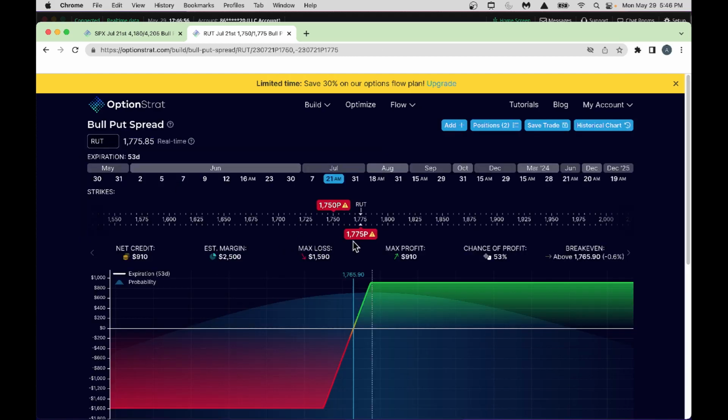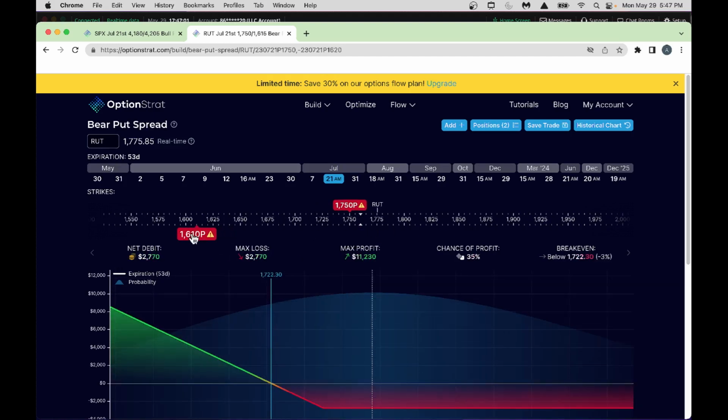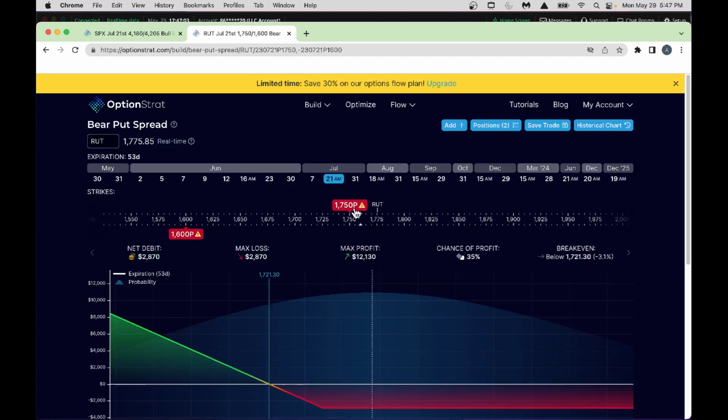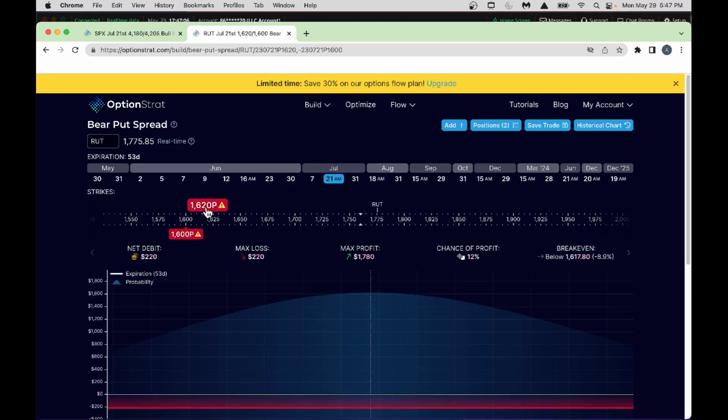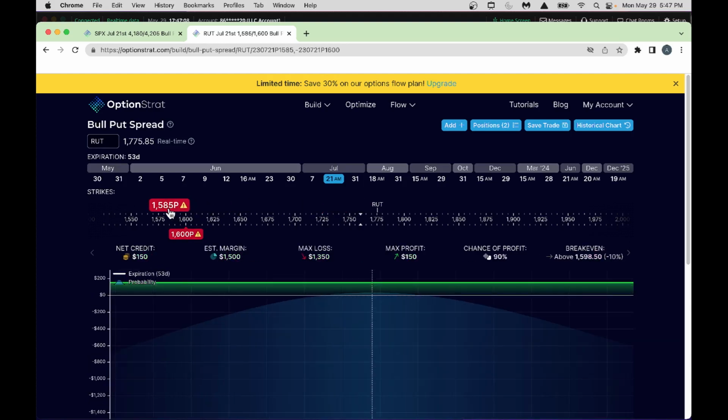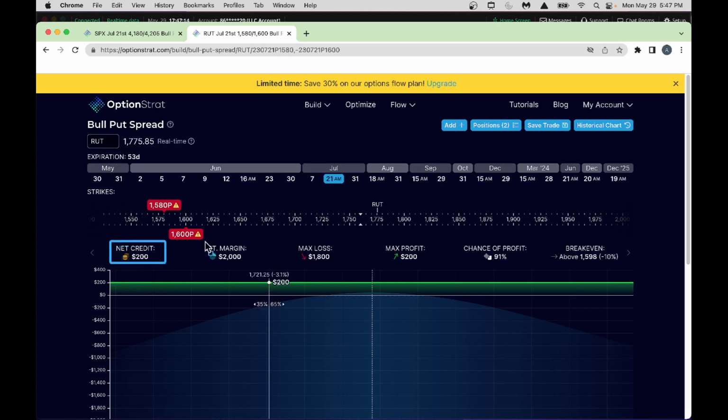and we'll go to a short strike of 1600 like we talked about. There you go. Pull this all the way here to 1600, and pull this all the way. This is what we're buying back here, 1580, a $20 wide spread. Look, we are making a $200 credit, and our estimated margin is 2000, which is really the distance between these two strikes, and actually it's 2000 minus 200, which is 1800, but it's close enough.